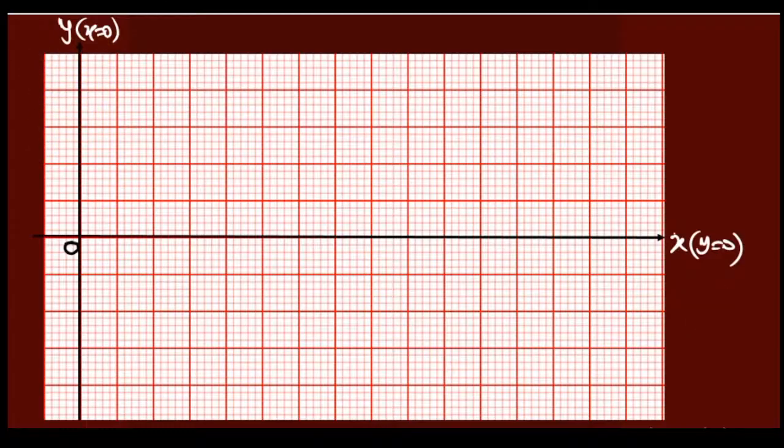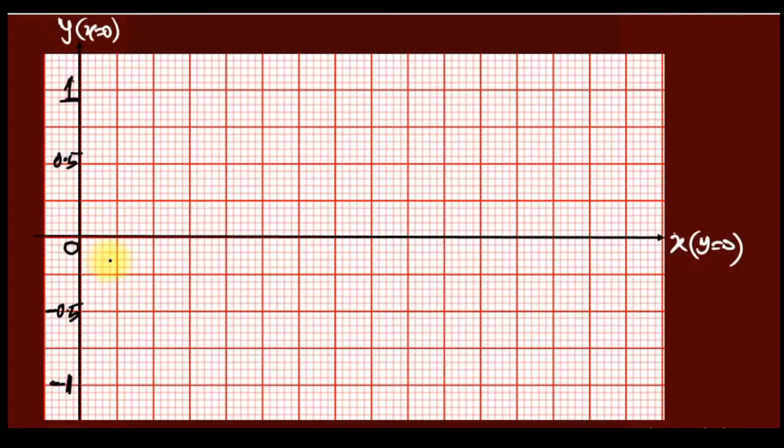Let's now locate the maximum and put the points. If I count 1, 2, 3, 1, 2, 3, 4, this is my 1, meaning here is 0.5. This is minus 0.5. This is minus 1.